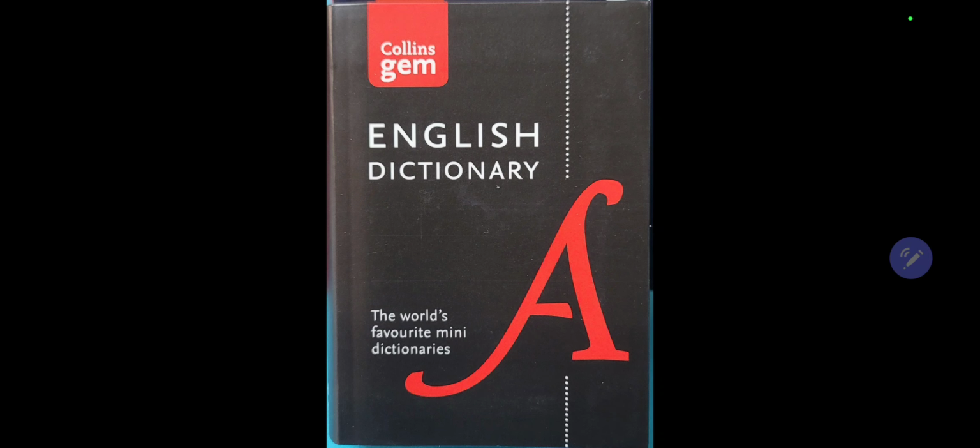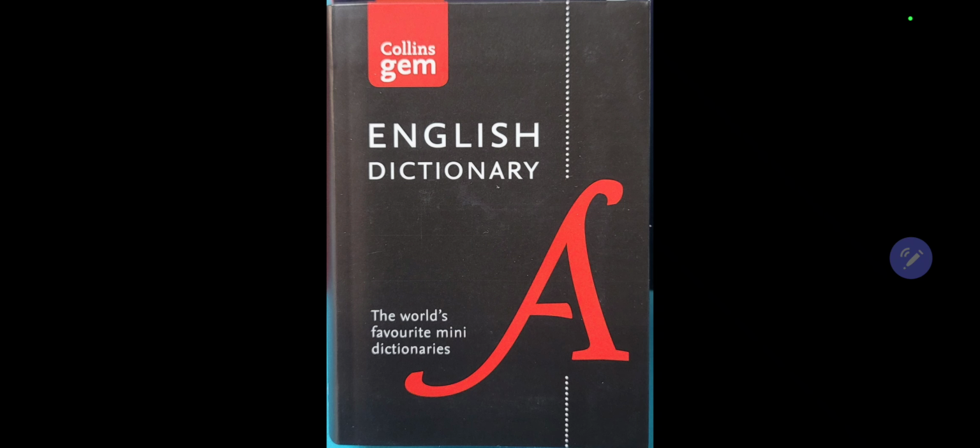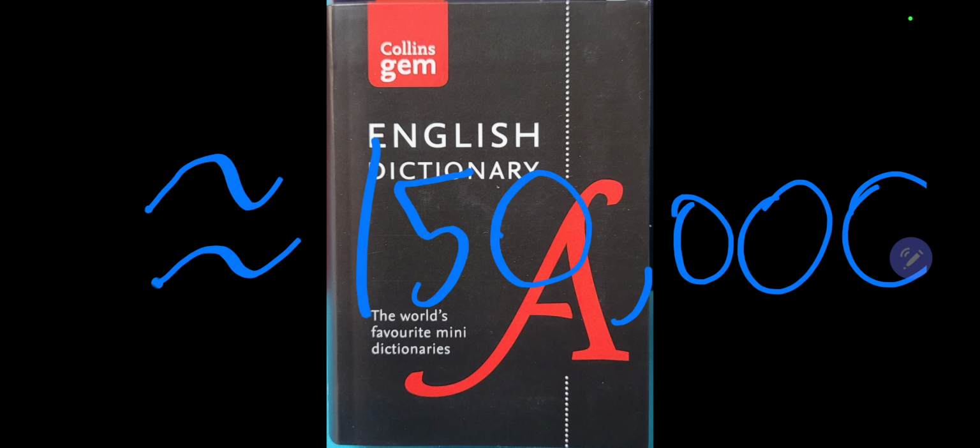The second type of dictionary is a little bit lower. It's called a college dictionary. College dictionaries usually have about 150,000 entries, give or take a few.